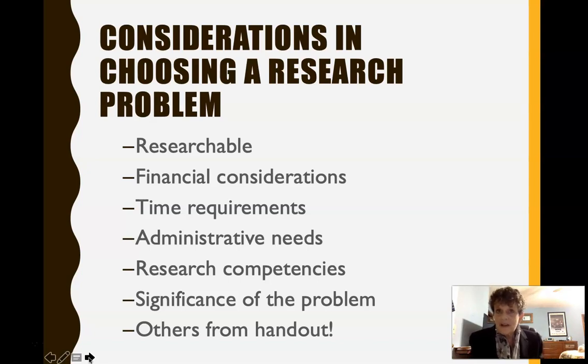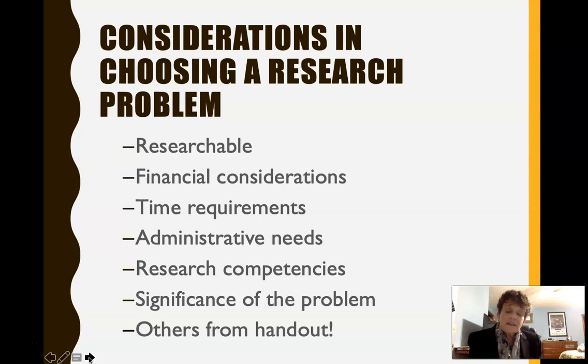But sometimes doing the more intense and the higher levels of research where you have bivariate correlations and things like that, that may not be the things that you want to undertake. And so you have to just understand when you set up your problem what your own comfort level is.